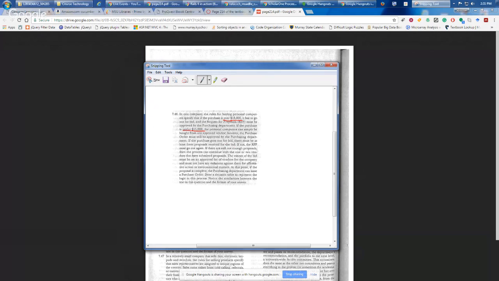The proposals may be sometimes required, sometimes not required. So there must be enough proposals. In some cases it's not required, in some cases we need 3 or more proposals, at least 3 proposals.